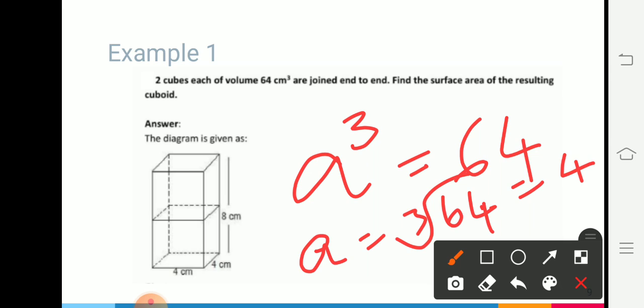So 4 is the side of the cube. Once you know that 4 is the side of the cube, you can take out all the sides of the cuboid. The length and the breadth will be 4 cm each and the height will be 8 cm.